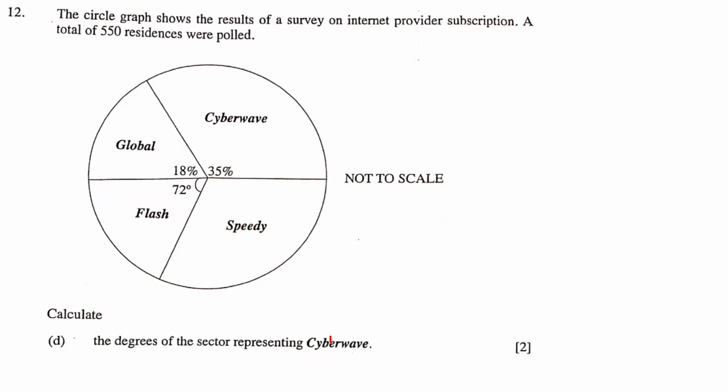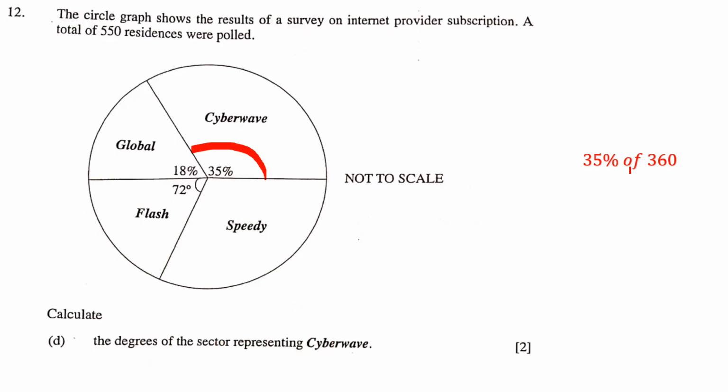Okay, let's move on to question 12D. It says, calculate the degrees of the sector representing cyber wave. So this is 35%. It's going to be 35% of the total amount of degrees, which is 360. Remember, 360 is a complete circle, one revolution.